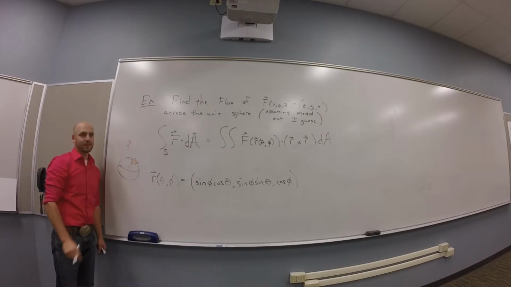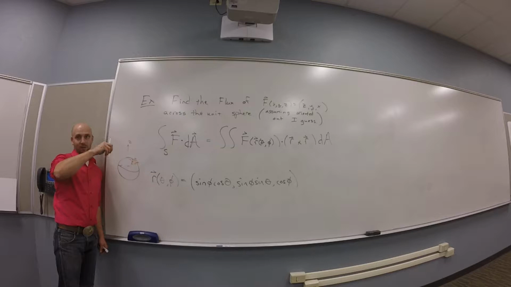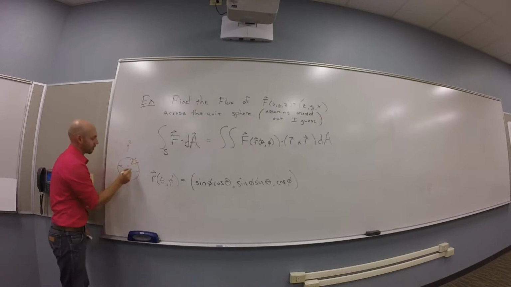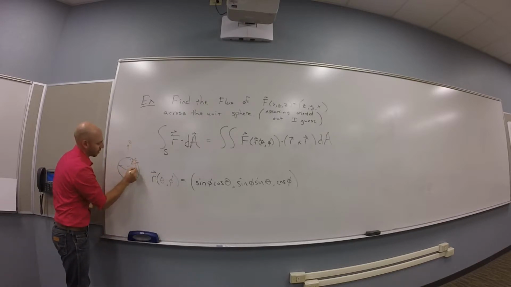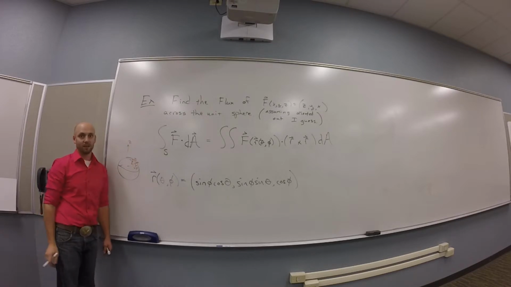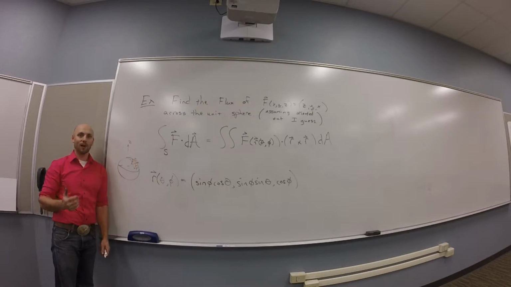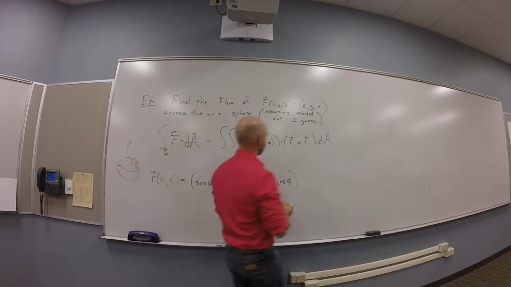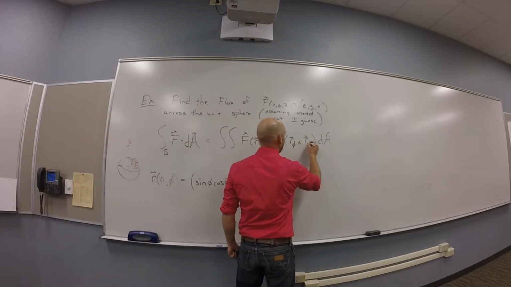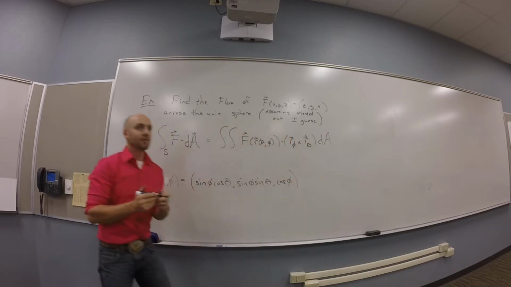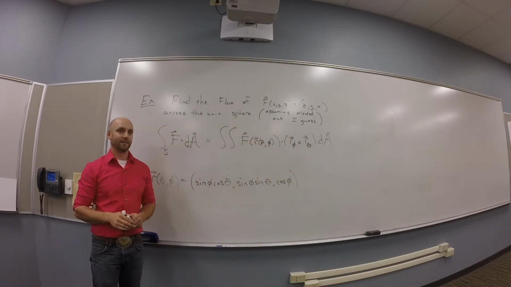Which way does phi take you? Down, kind of? Yeah, it increases your declination, so it's going to go this way. That's going to be r phi. So which order do I want to cross these in to have me pointed out? You have to do phi, then theta. Phi crossed with theta. You guys see that? If you do it the other way, what are you going to get?